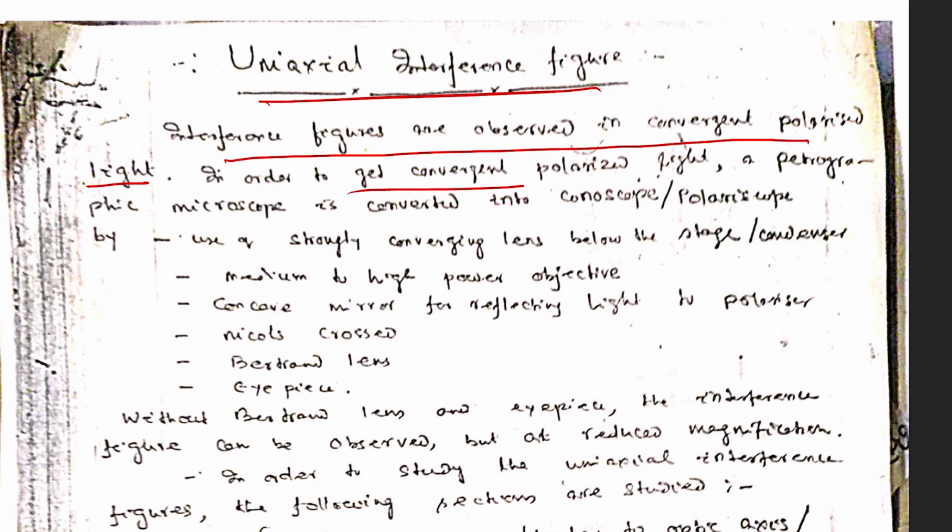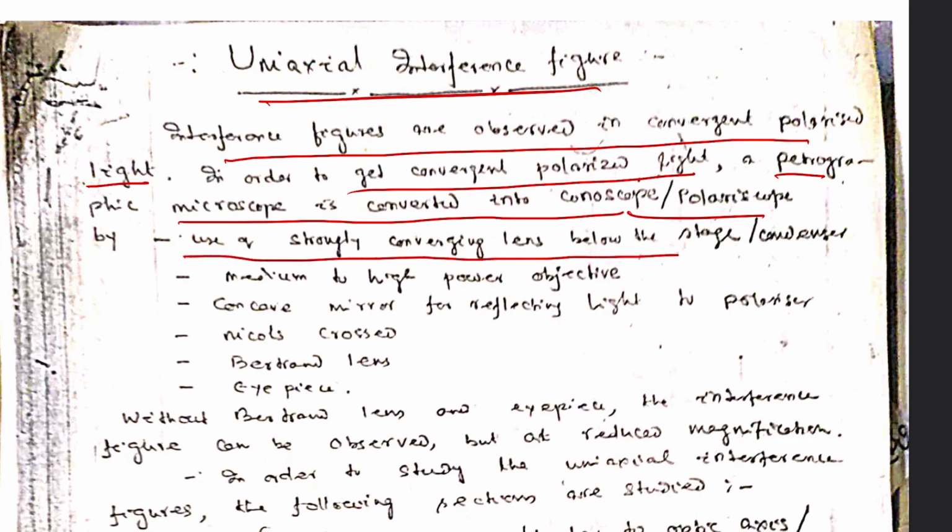In order to get this, the petrological microscope is converted into a conoscope or polariscope. And how is that possible? By use of a strongly converging lens below the stage, which is called the condenser.